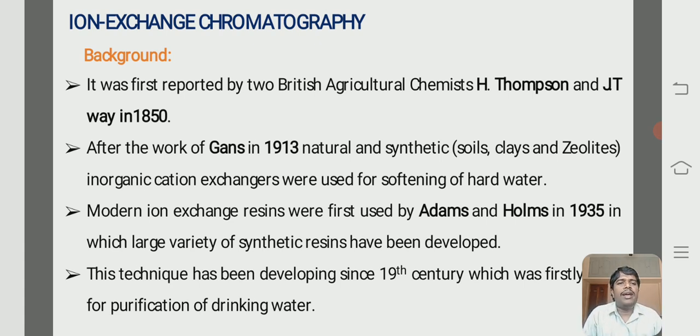Later, modern ion exchange resins were first used by Adams and Holmes in 1935, in which a large variety of synthetic resins have been developed. This technique has been developing since the 19th century, and was firstly used for the purification of drinking water.